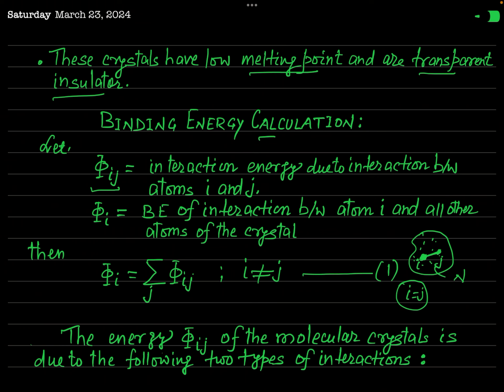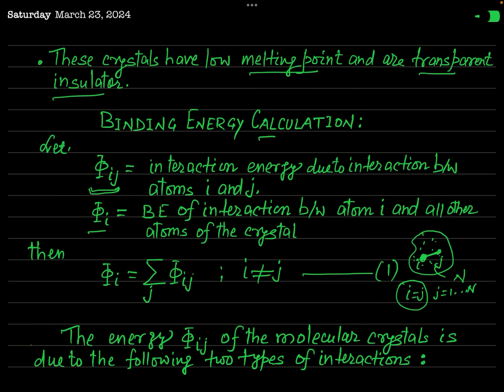be the interaction energy? That can be easily found by simply summing this phi ij for all values of j. As you can see, the interaction energy developed due to interaction of i with j, only one j, is this phi ij. But when this j runs from 1 to n except i, then what will be the total interaction energy of interaction of i with all other j's?